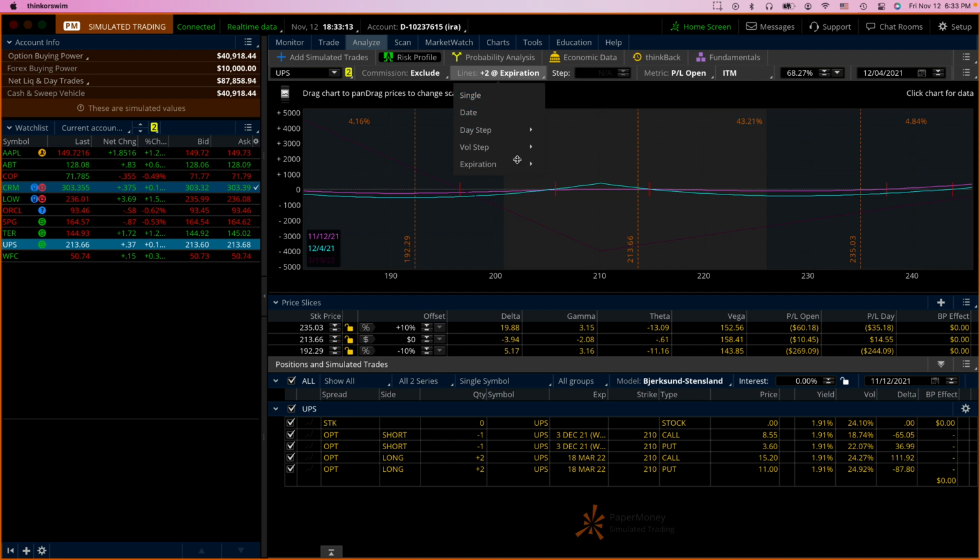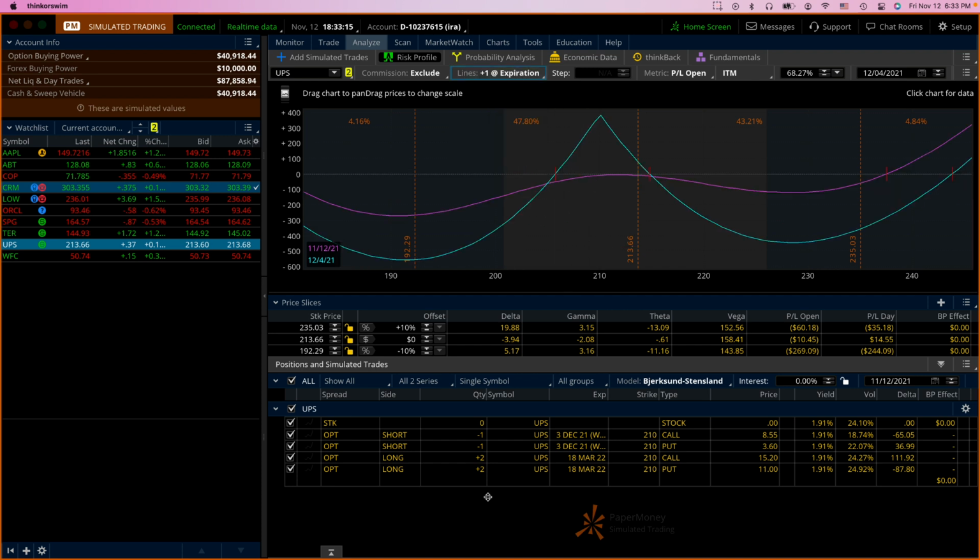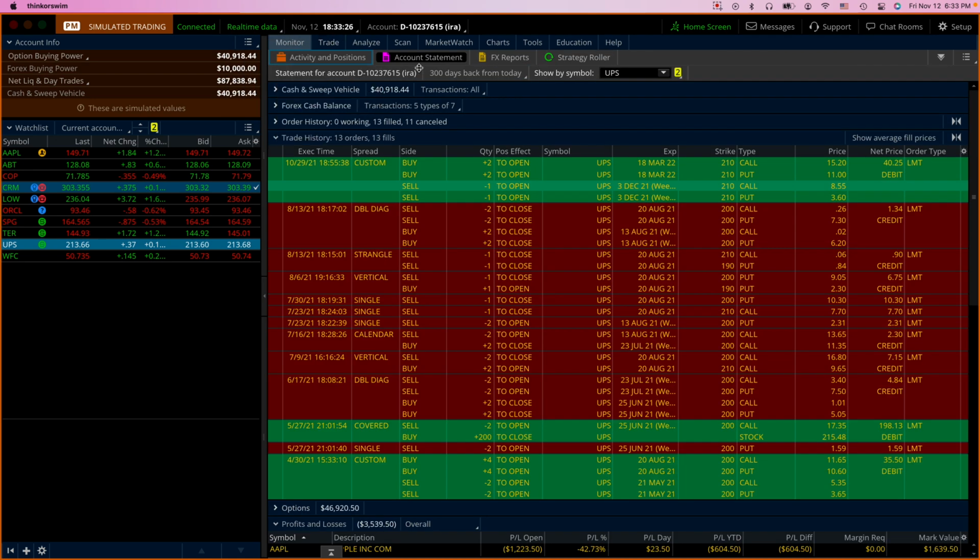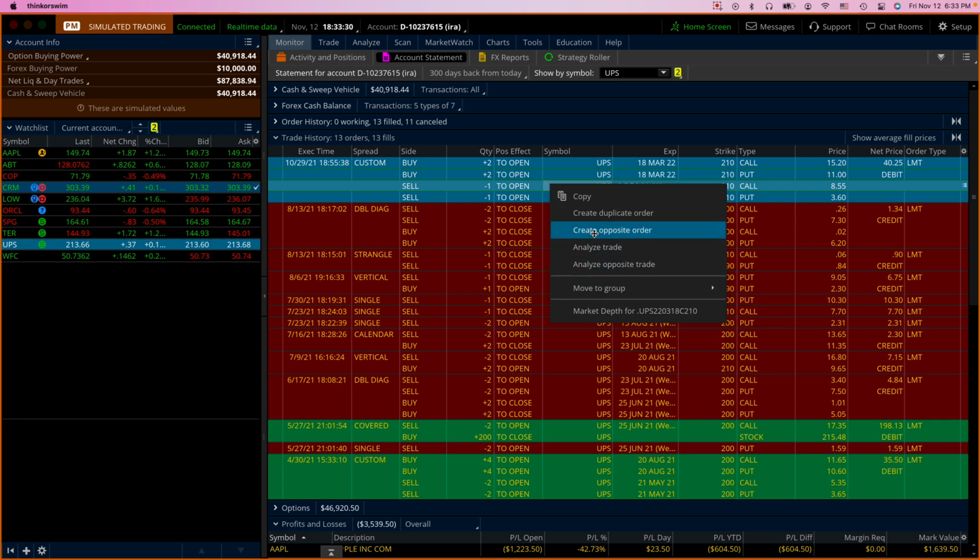And let's go back to 1 to expiration. It says here December the 3rd, March the 18th. So I don't think we need to change anything. We have very little profits here, 10. Let's go to the monitor tab, account statement. Yes, it's a brand new trade. Obviously, I traded it before.